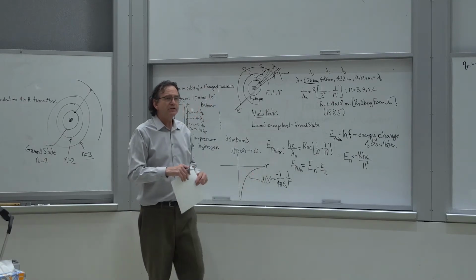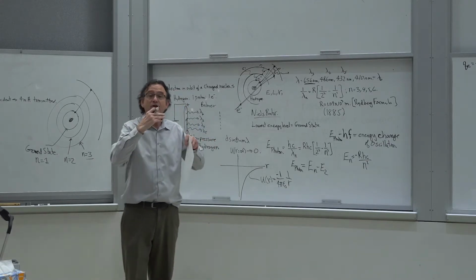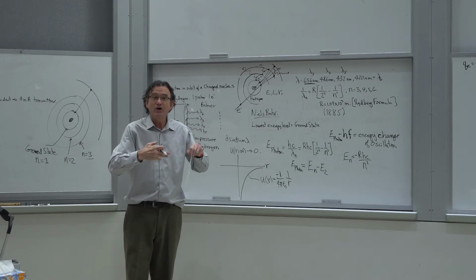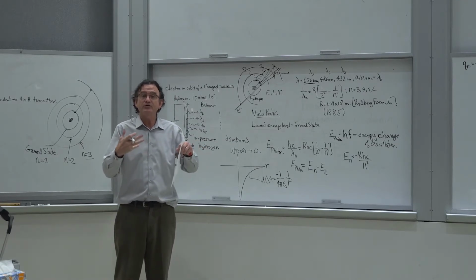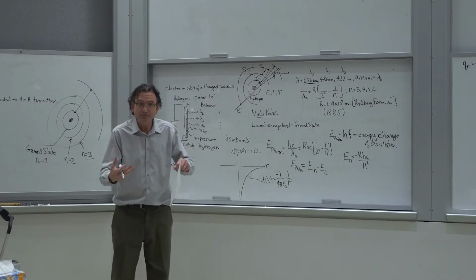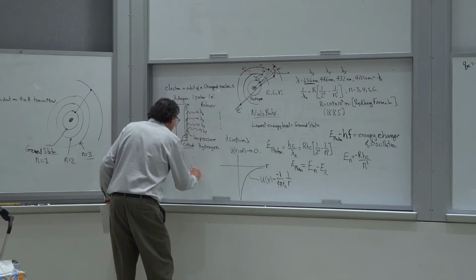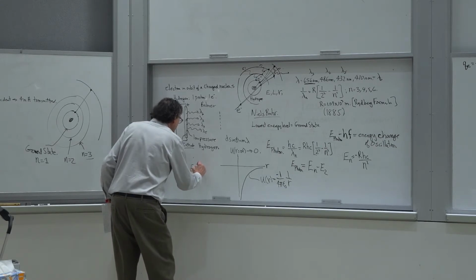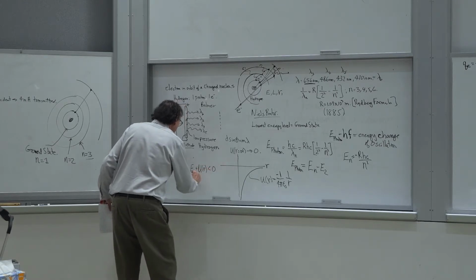I also want the condition that bound states, which are electrons that are not free to leave the orbit, are trapped. One way I'd characterize that is to say that the total energy is negative. So for bound states, the kinetic energy plus the potential energy, U of r, is less than 0 for bound orbits.